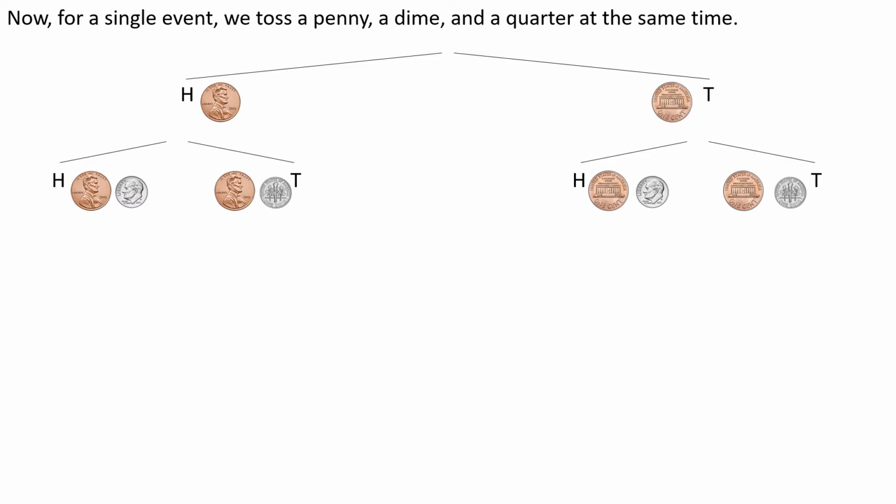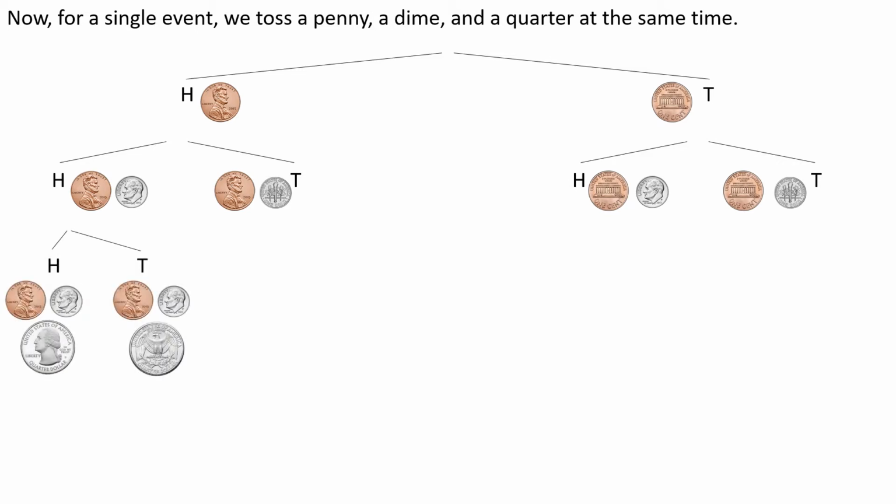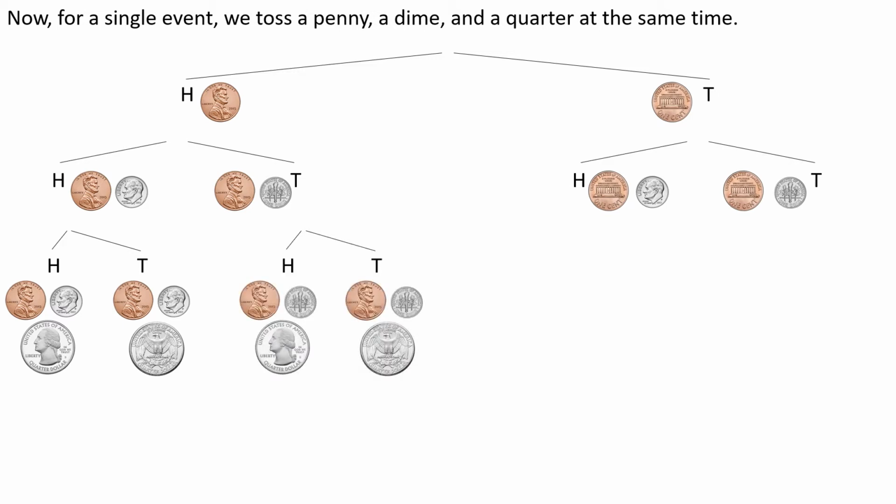Now we have to look at each of these situations with the quarter. So again, heads penny followed by heads dime could be followed by heads quarter, or it could be followed by tails quarter. Same thing with this next branch. Same thing with the next branch.